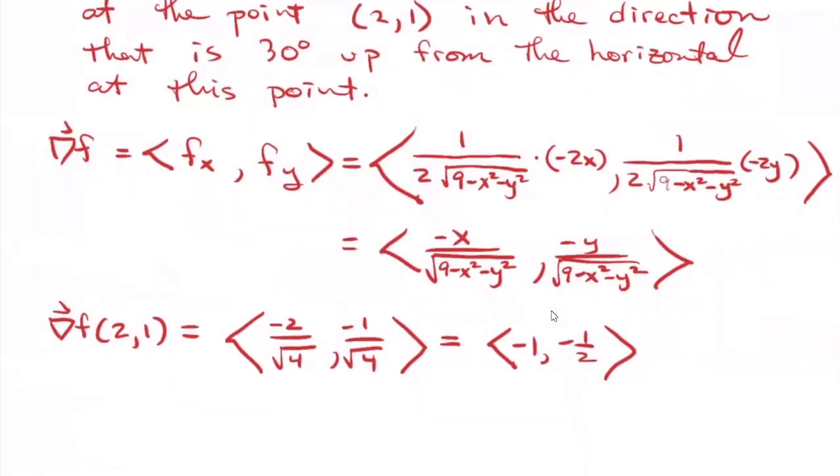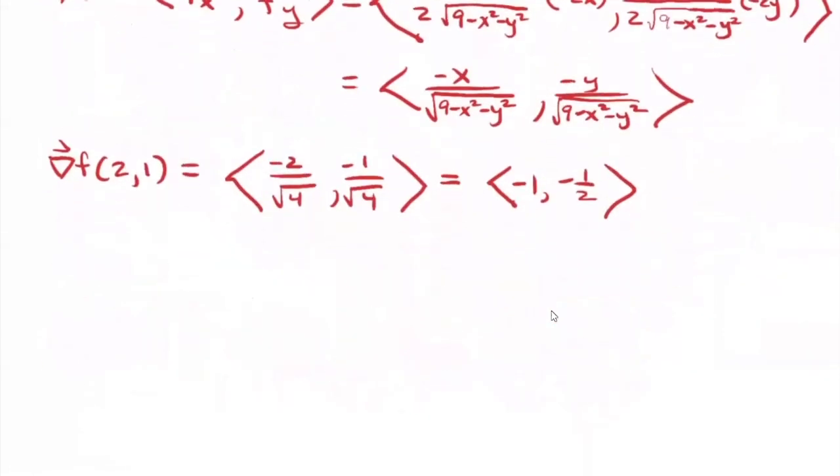Now I realize you might interpret this differently, so I want to make sure I draw a picture of this. At the point 2, 1 here, I can think of a horizontal. I suppose I mean that I'm going out to the right and measuring up 30 degrees from that, like this. And that's supposed to be a unit vector.